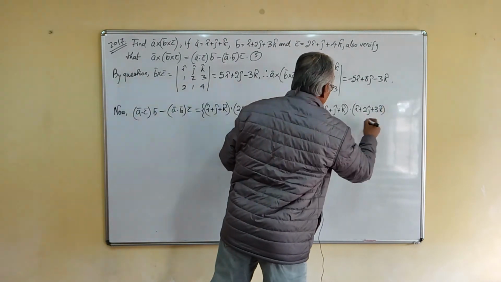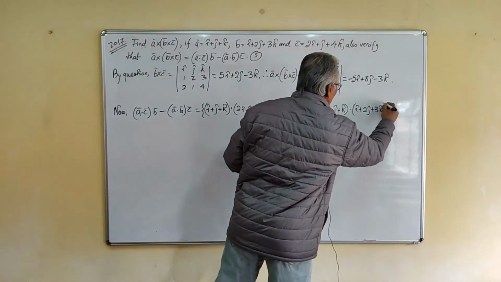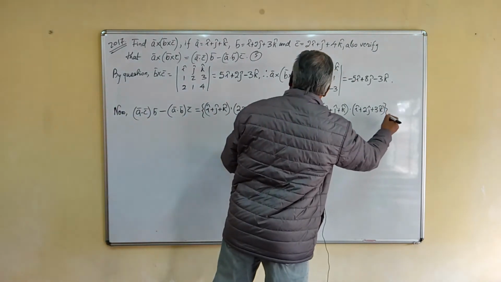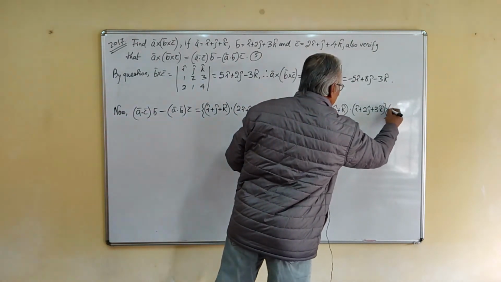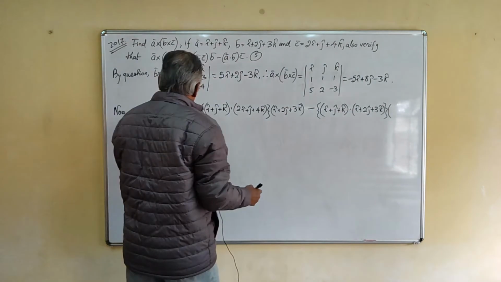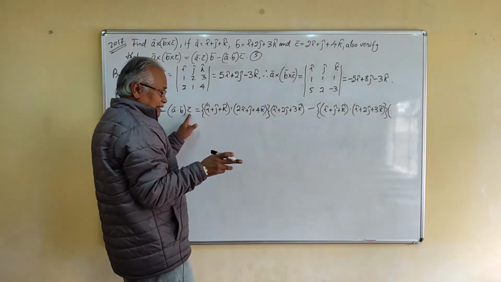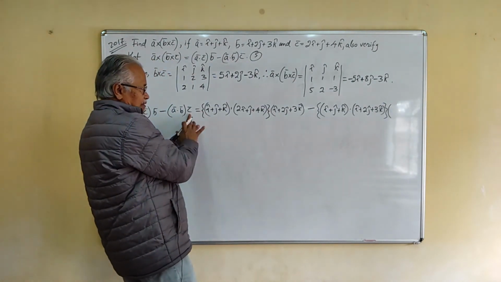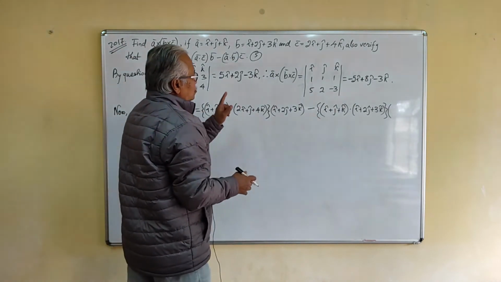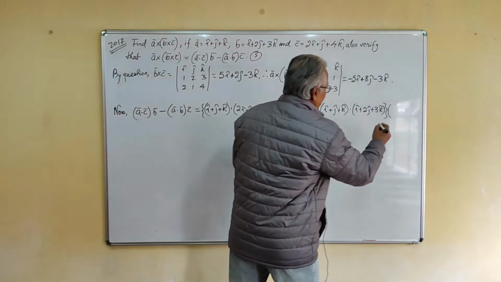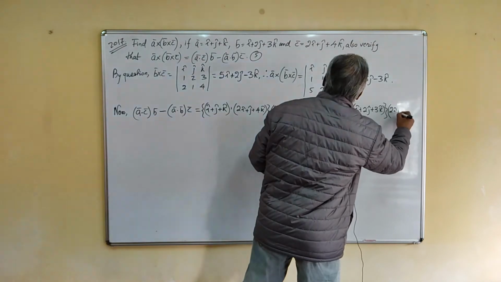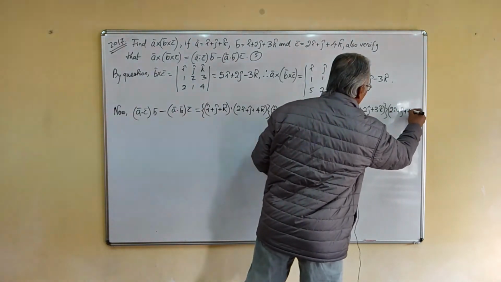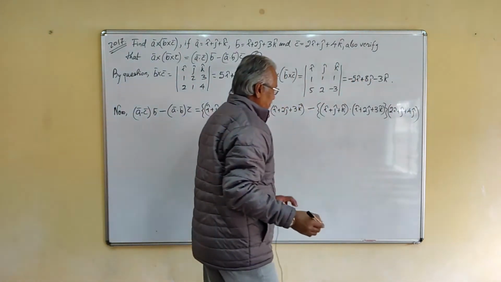So you are going to have a dot product of this, and then you're going to multiply A dot B with C. That is the common multiplication with C. C is 2I plus J plus 4K.